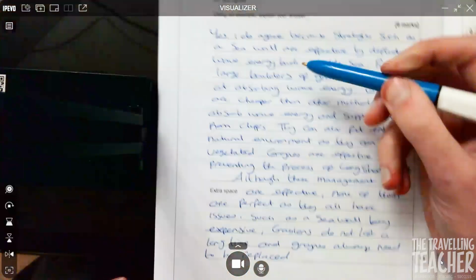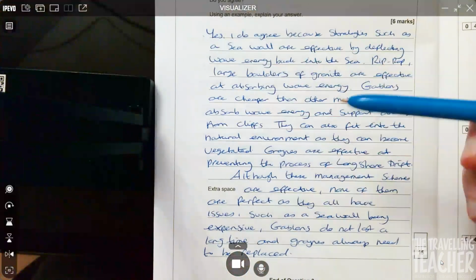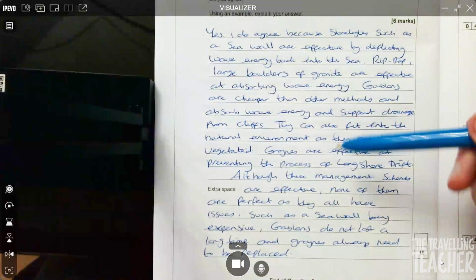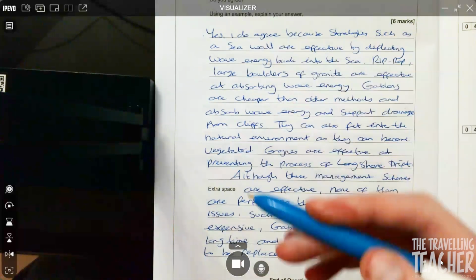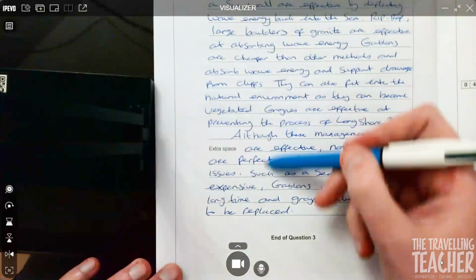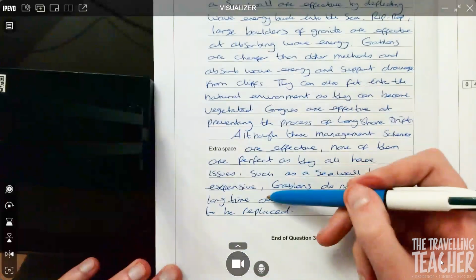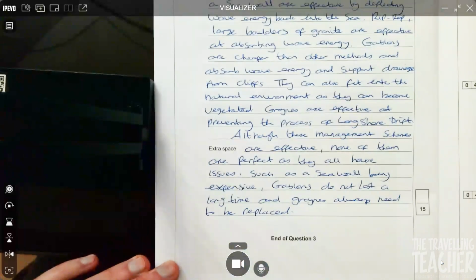So I have said, yes, I do think it's effective here. And I've referred to different sea defenses and said why they're good. Either they're deflecting wave energy, they're absorbing wave energy, they're fitting into the natural environment, etc. I've then just provided a little bit of balance here to say, although they are effective, they're not perfect.